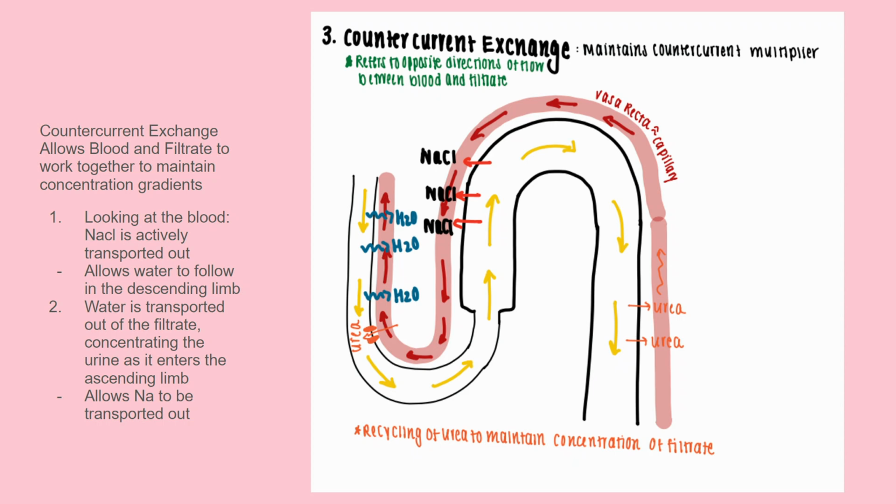Talking about the salt story, NaCl is actively transported out of the ascending limb. The NaCl is going to be carried this way, away from the descending limb, instead of being carried this way and helping water be drawn up here.